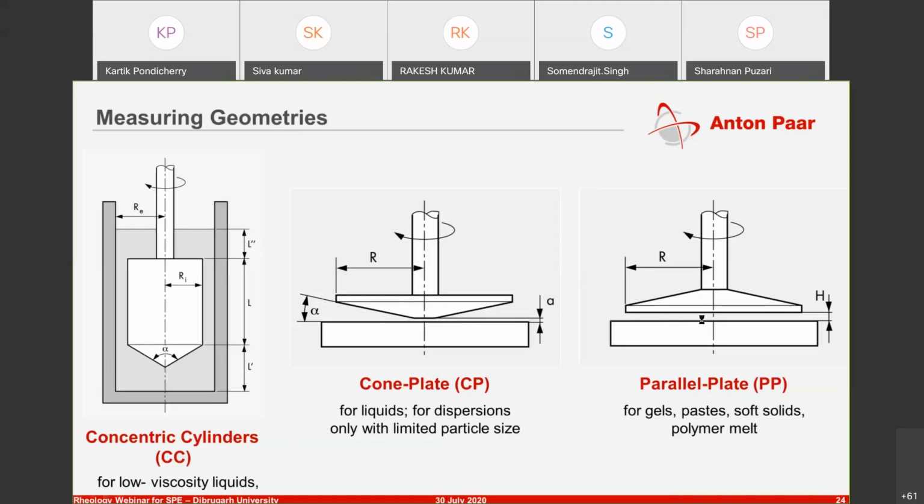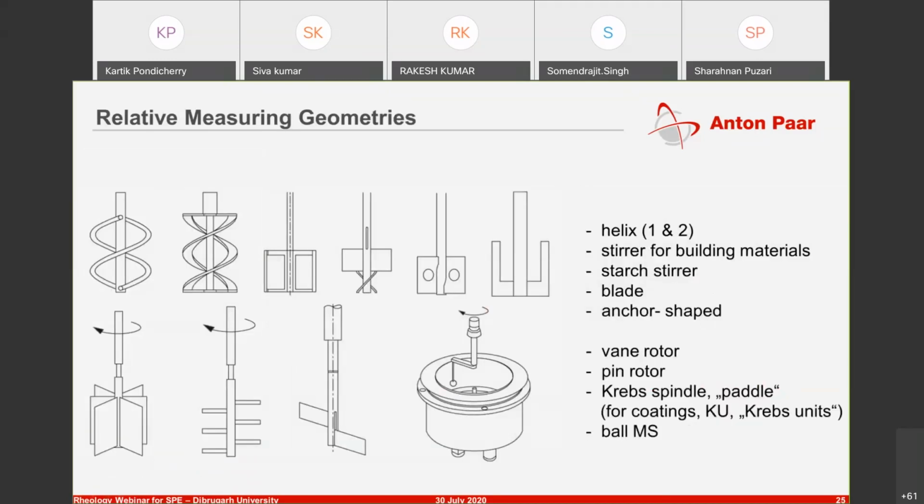In addition, there are relative measuring geometries depending on the sample. Again, if you have slurries and stuff, you can go for some stirrers, or if you have large chunks like in concrete and stuff, you can go for a ball measuring system or also a concrete accessory.